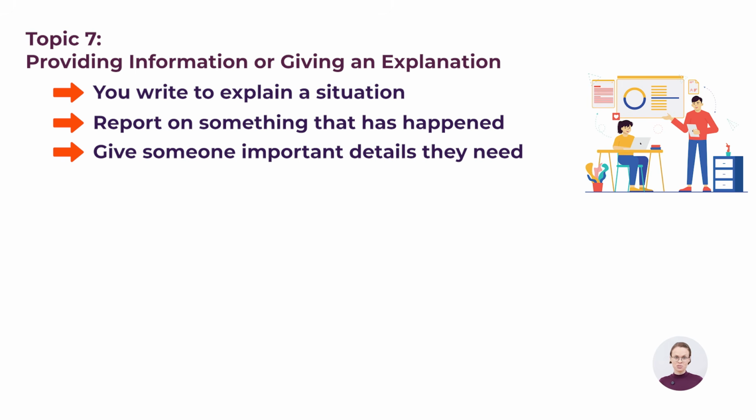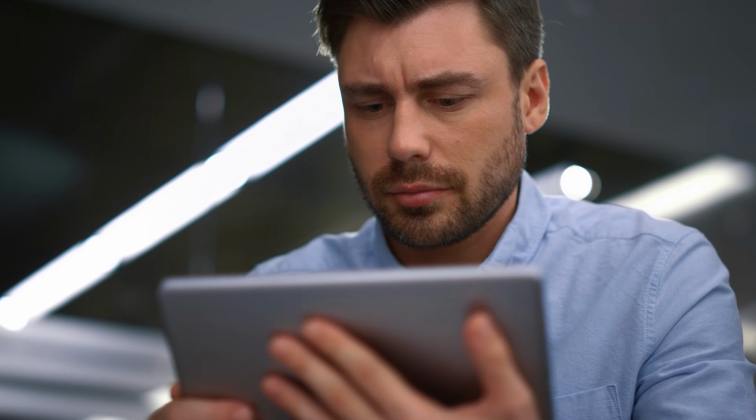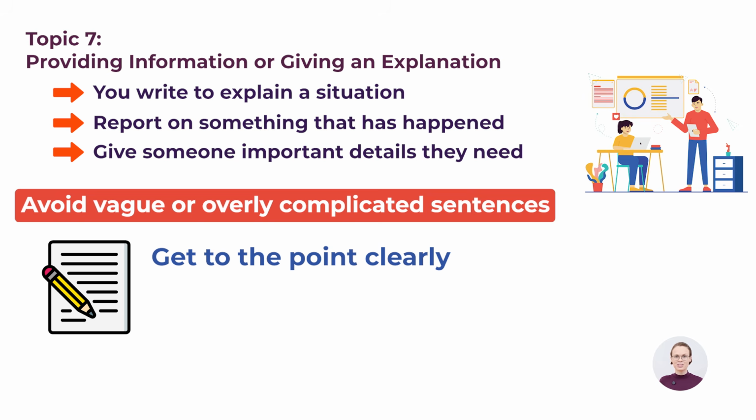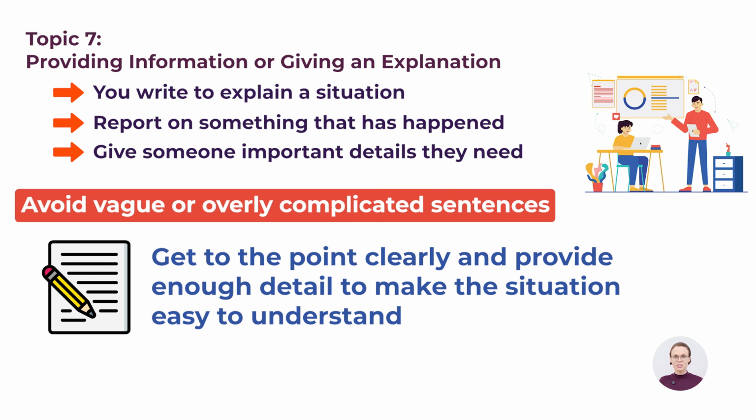These emails require clarity above all. The person reading your email needs to understand the situation quickly, so avoid vague or overly complicated sentences. Get to the point clearly and provide enough detail to make the situation easy to understand.